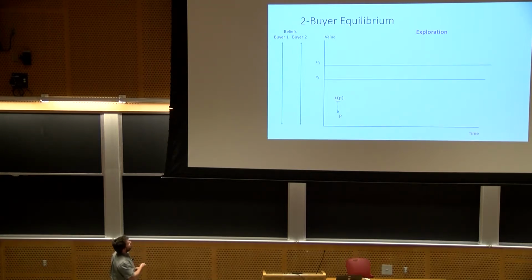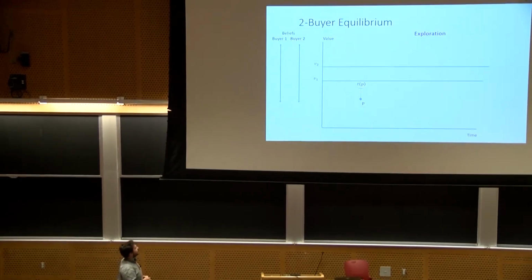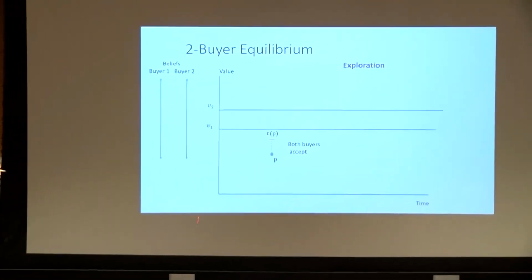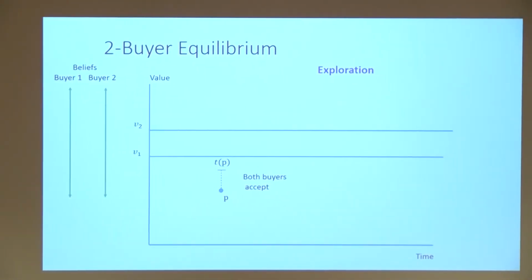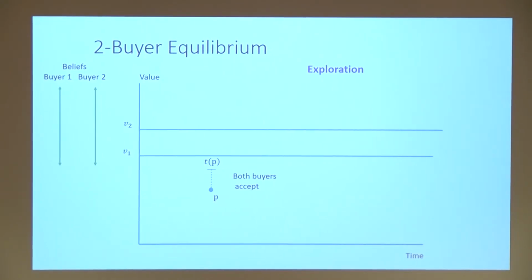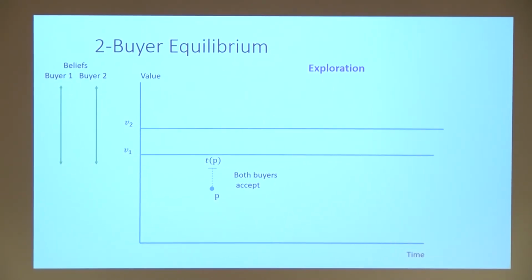Both people are above T(P), so both accept. And now the seller is updating their priors. Now the belief over the buyers' values is that their support lies in this interval. The next day the seller posts a new price P with that threshold here. Again, both people accept, and the seller updates their belief to this interval.